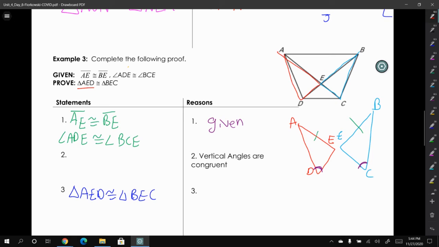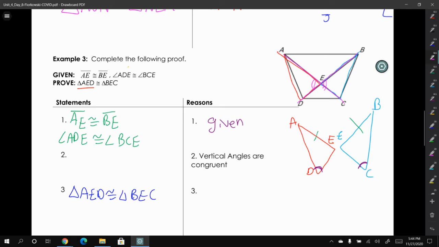Well, when I drew these separately, it may be hard to see our congruent angles. So if we look at our picture up here, we should be able to tell that these two angles at E are congruent because we have AC and BD that intersect, and that forms two sets of vertical angles which are congruent.